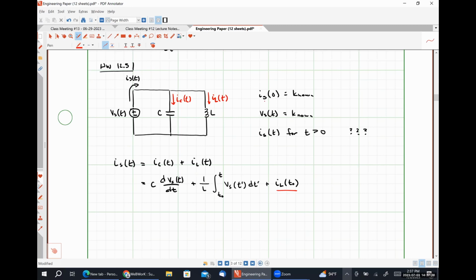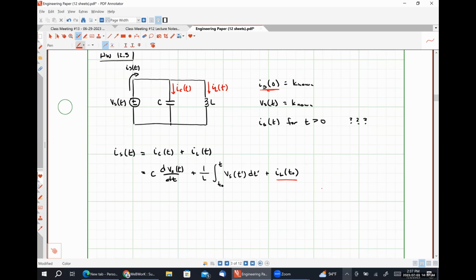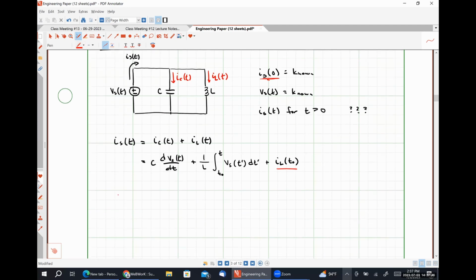So we're given IS at 0 here. So I could say that, do this at T equals 0. IS at 0 is going to be equal to IC at 0 plus IL at 0.